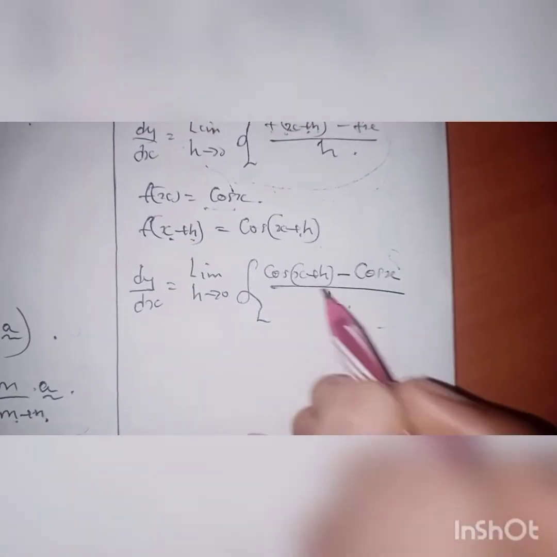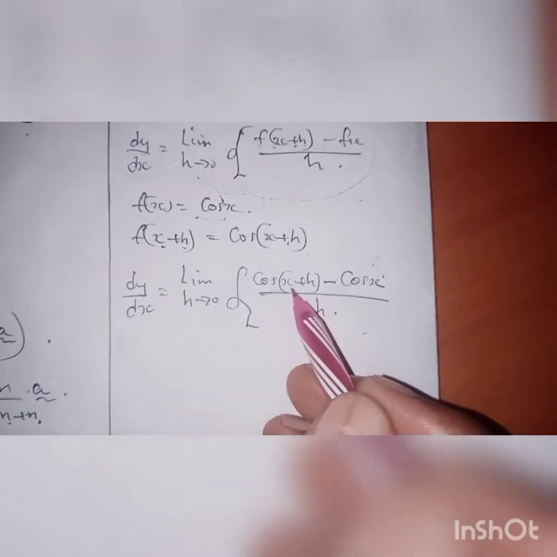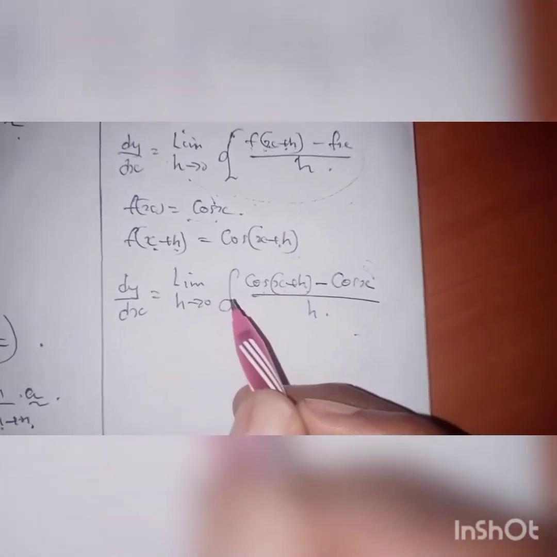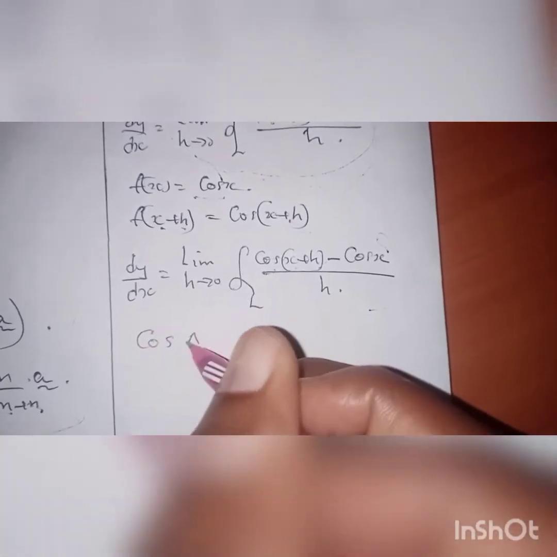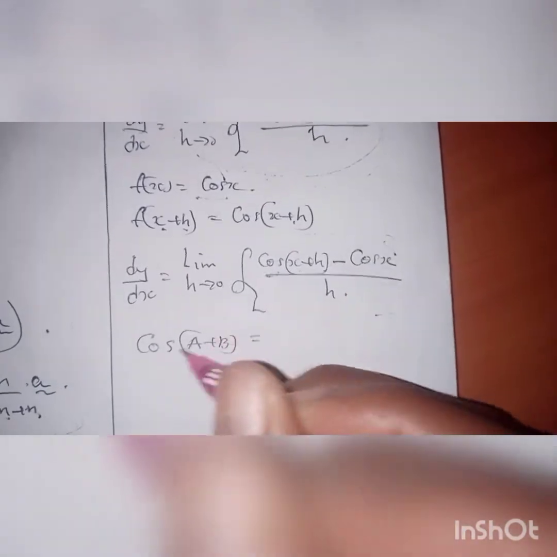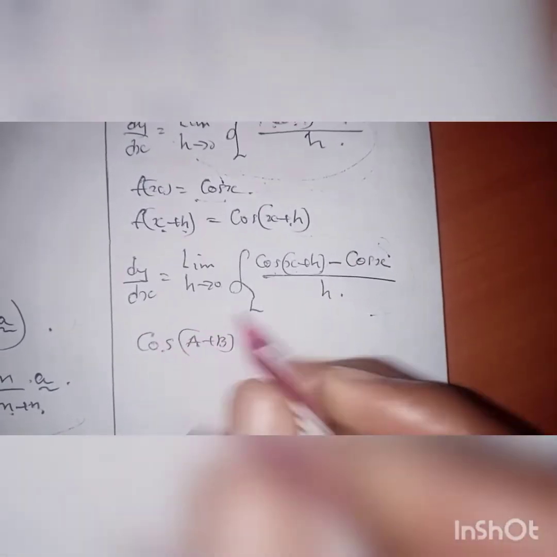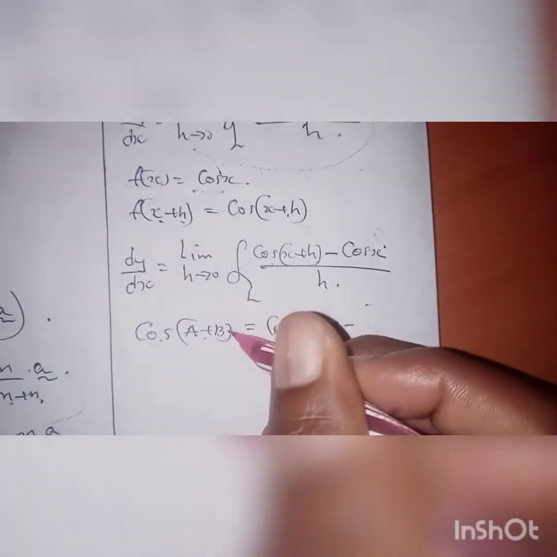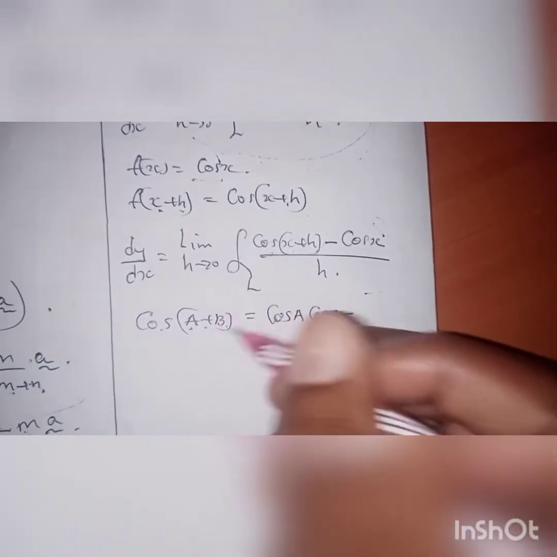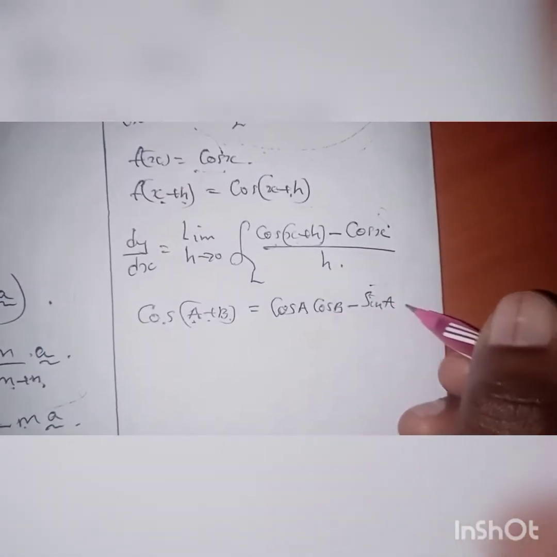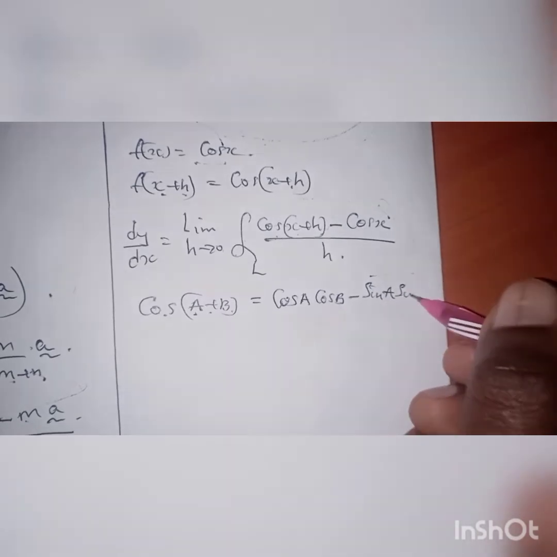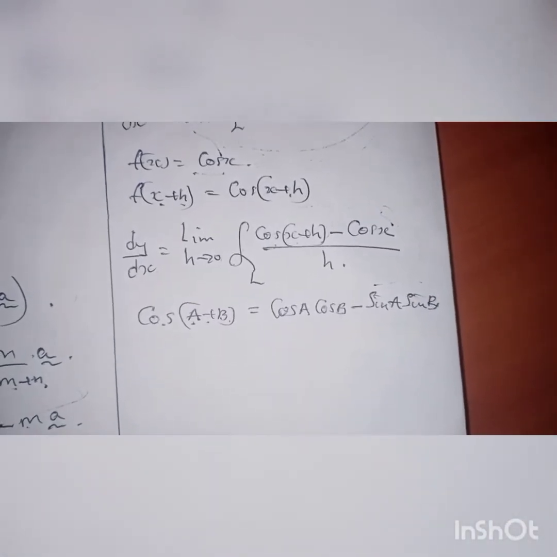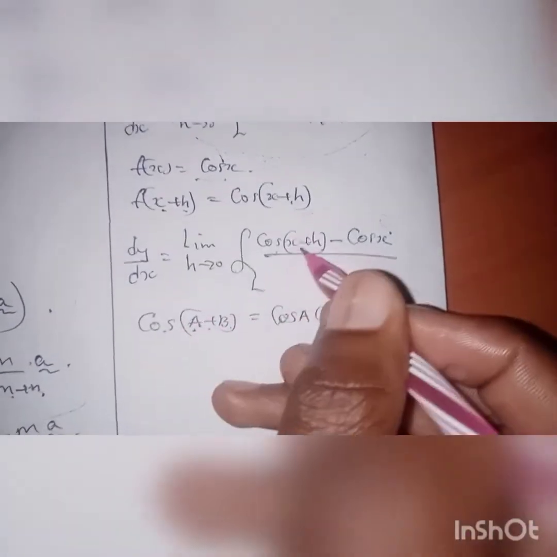Let's simplify this function. Since we have cos of (x plus h), we can apply compound angles to expand it. Given cos of (a plus b), the expansion is cos a multiplied by cos b, minus sine a multiplied by sine b.